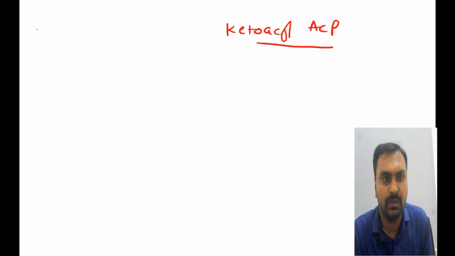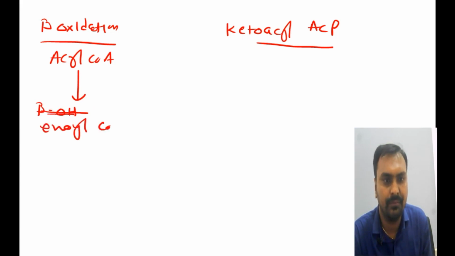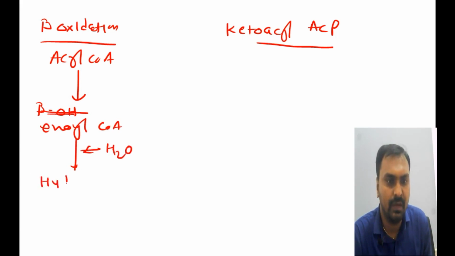We will also take together how beta oxidation takes place, so it is easy to remember. What happens in beta oxidation? Acyl CoA first undergoes oxidation to form enoyl-CoA, then enoyl-CoA with the help of H2O is converted to hydroxyacyl CoA.